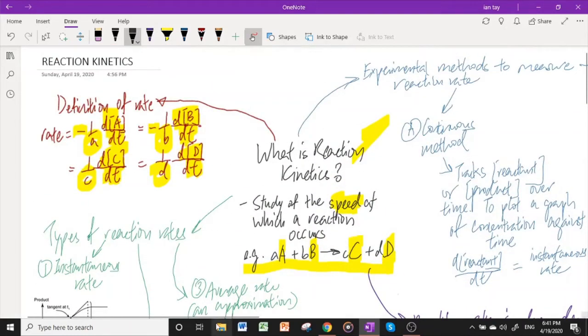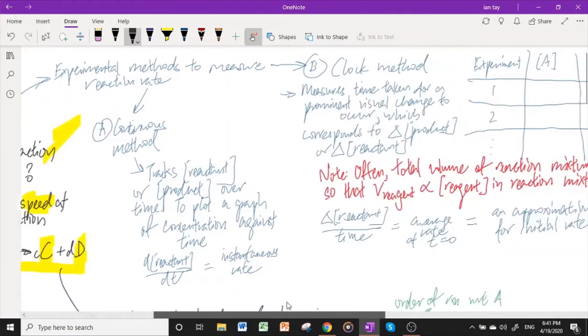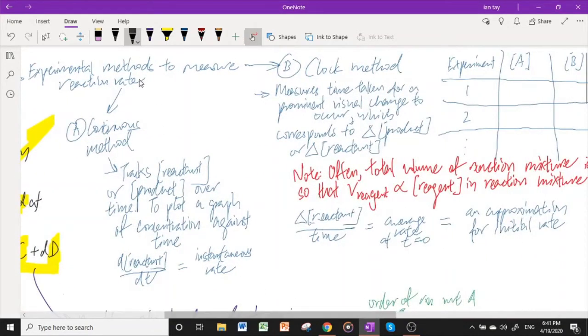So let us take a look at experimental methods by which we can measure the rate of a certain reaction. The first method is the continuous method. It tracks the concentration of the reactant or the concentration of the product over time.